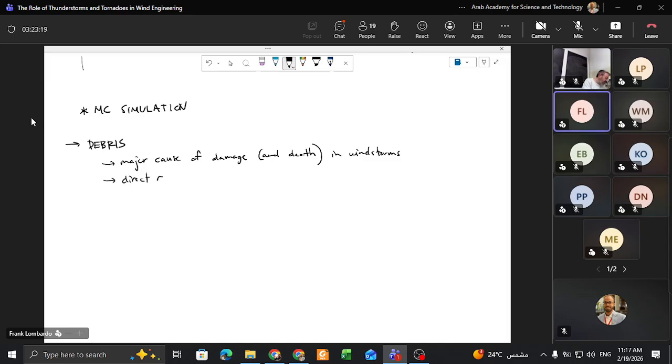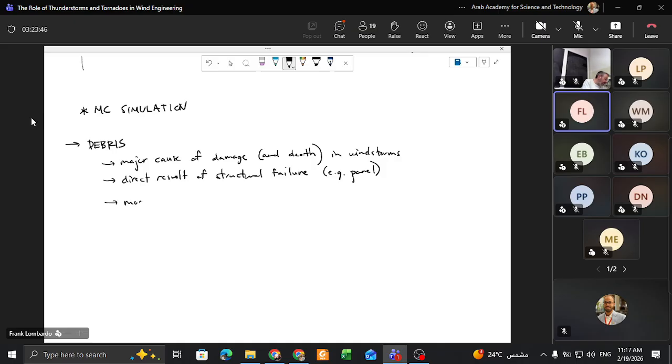And again, this is a direct result of some sort of structural failure, whether it be a component or the entire structure, just like we talked about with our roof panel. If the roof panel fails and flies off, now you have a source of debris in the wind field.